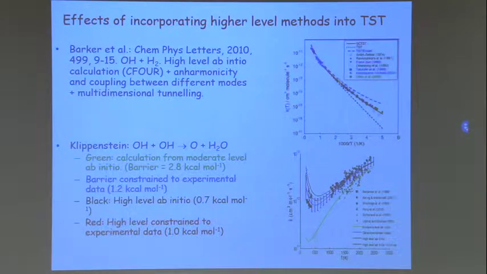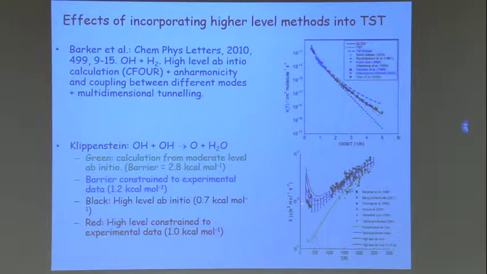And then this is a series of calculations on OH plus OH going to O plus H2O by Stephen Klippenstein and taken from that paper that I referred to in the last slide. So this is an earlier calculation with a barrier height that's in error. This is with the barrier constrained to experimental data. So this is taking this calculation, constraining the barrier to experimental data, and getting a much better fit.